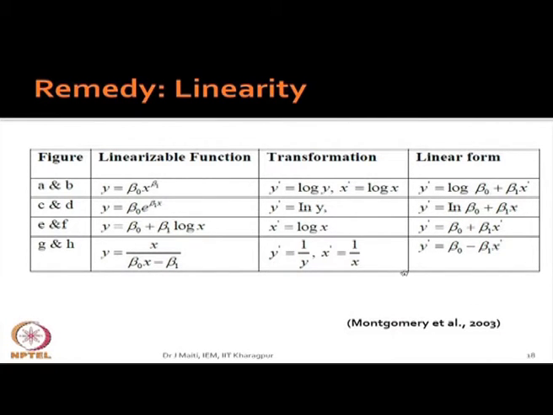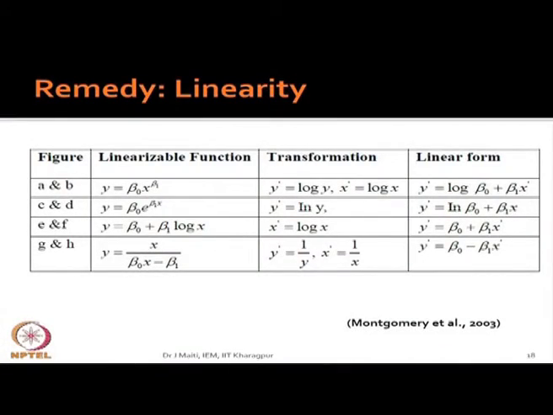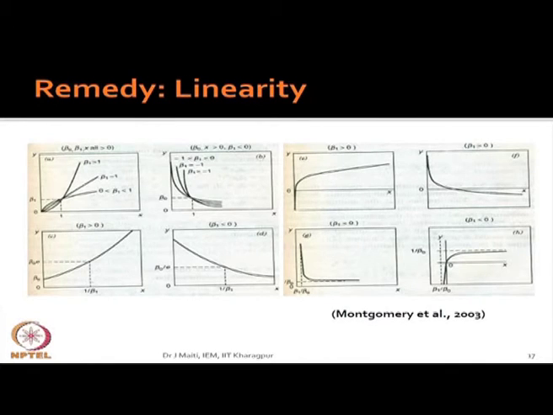So, this will be the case. Okay. It may so happen that you get some other form, then what will you do. But I think this list is exhaustive, almost all the types of relationships are given here.